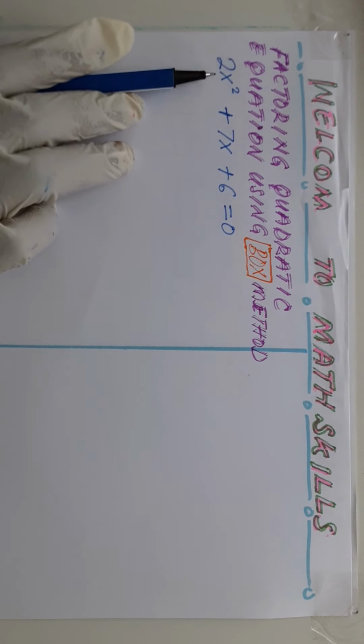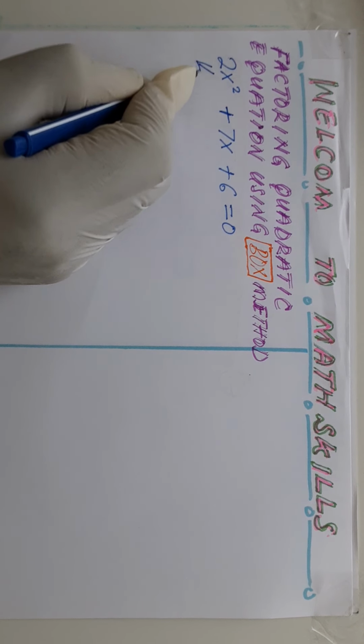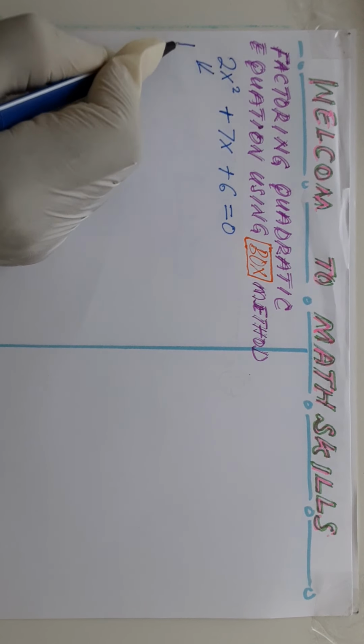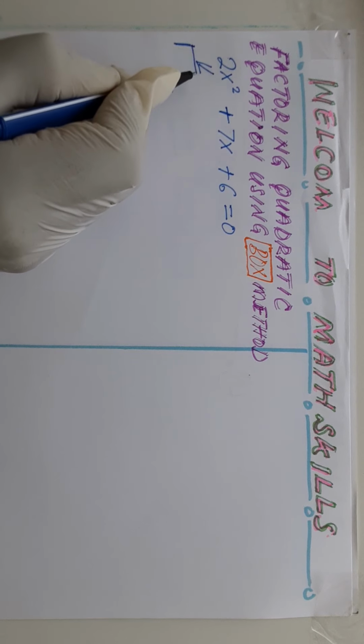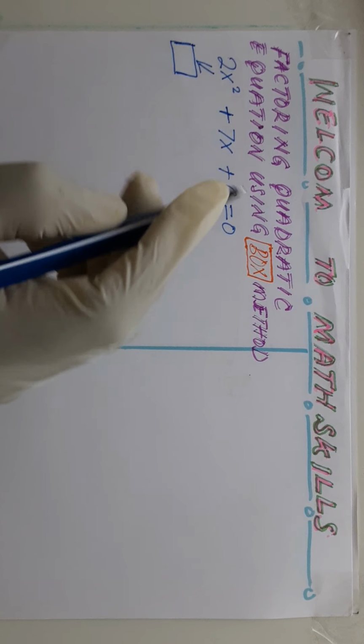The coefficient with the variable x squared is going to split into a box.